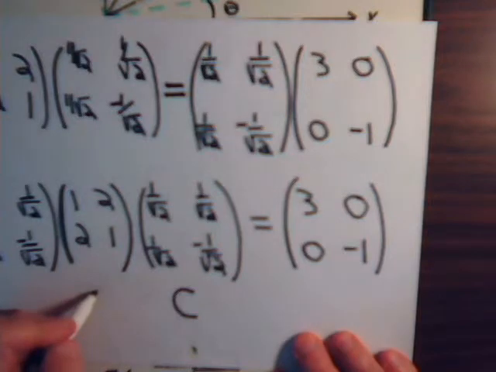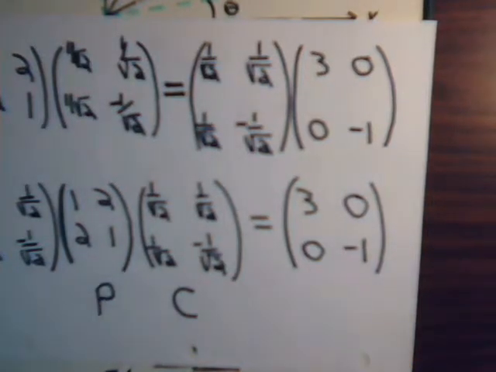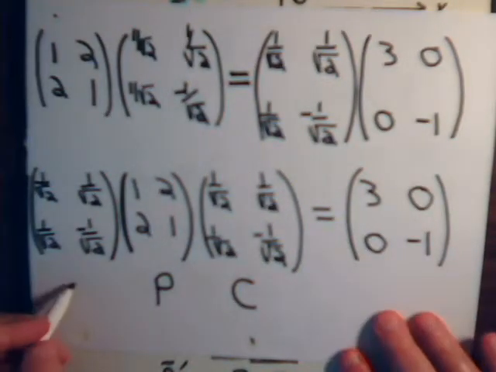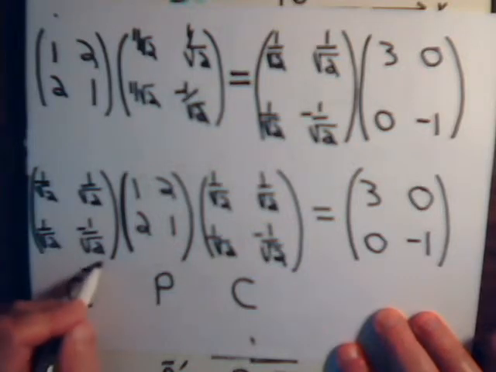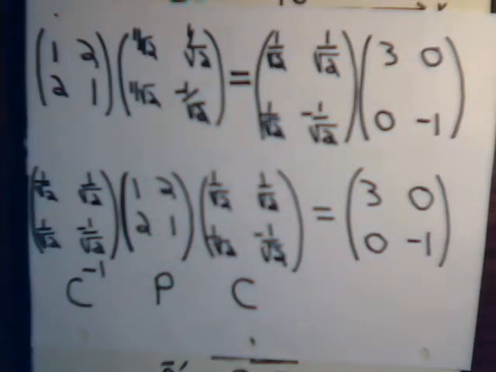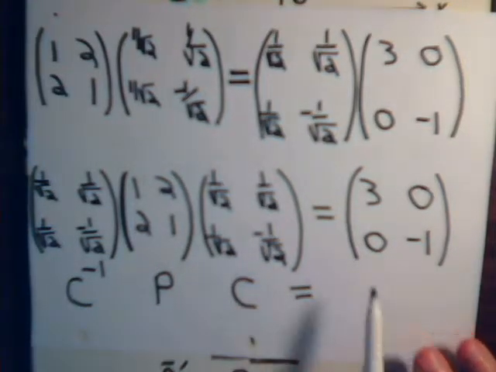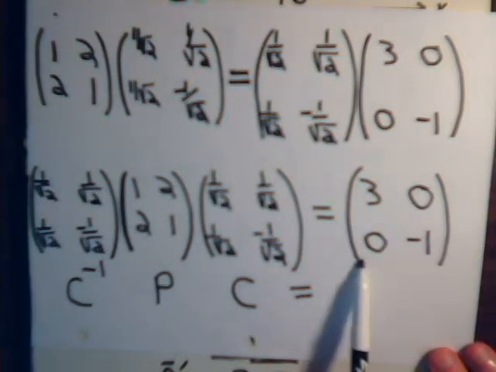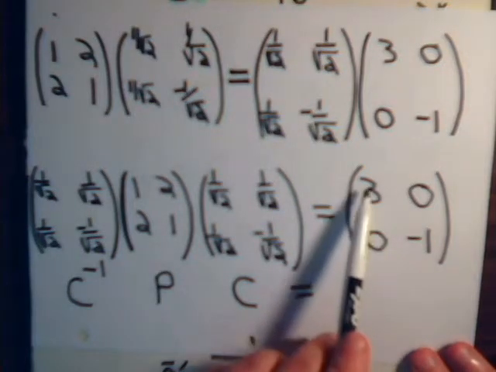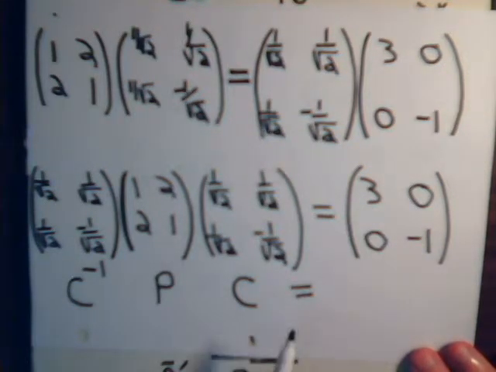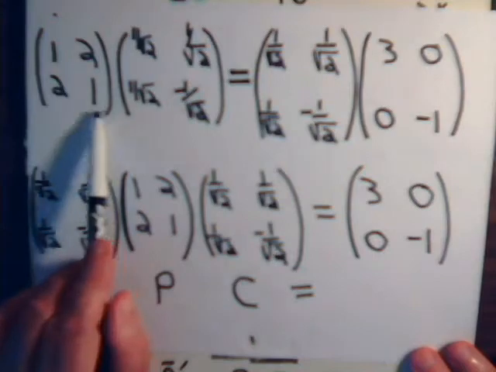This is P. And this is the inverse of our rotation matrix. In this case, it's real simple, just its transpose. And this is our diagonal matrix. The diagonal elements are the eigenvalues of our symmetric matrix here.